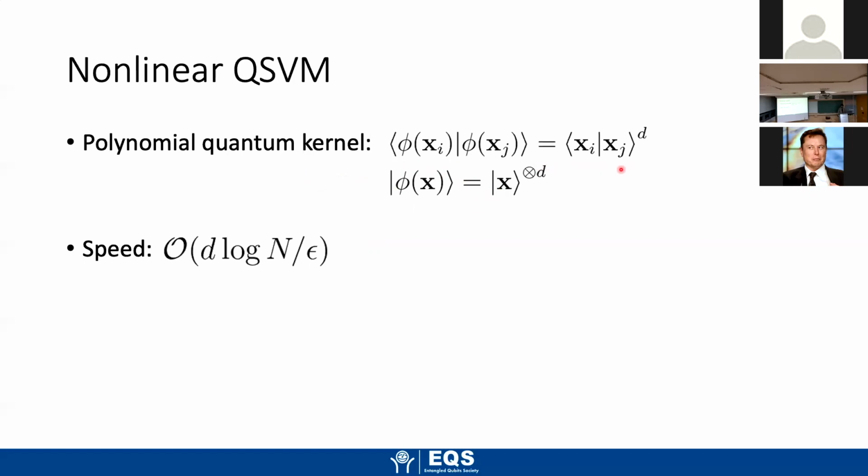So this is a polynomial kernel. And calculating this inner product is very, very efficient in quantum. It is also logarithmic order, but classically it is polynomial order. So calculating the polynomial kernel itself has a quantum advantage.